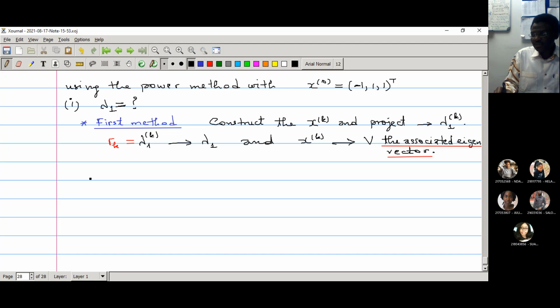Okay, so what is our x1? X1 obviously is A x0. And what is that equal to? Who can give me the value directly? It's -6, right? So it's -6.